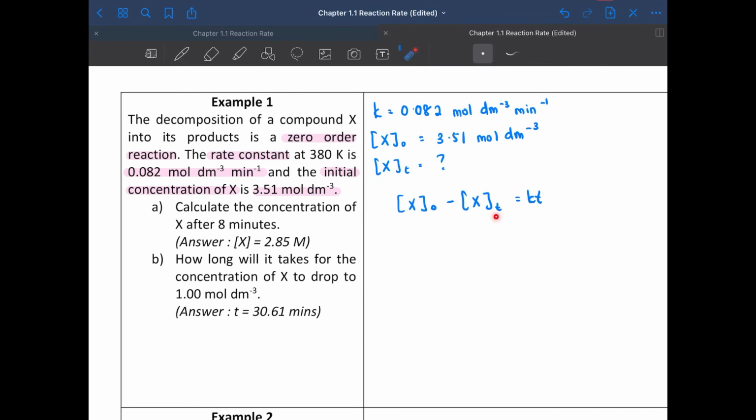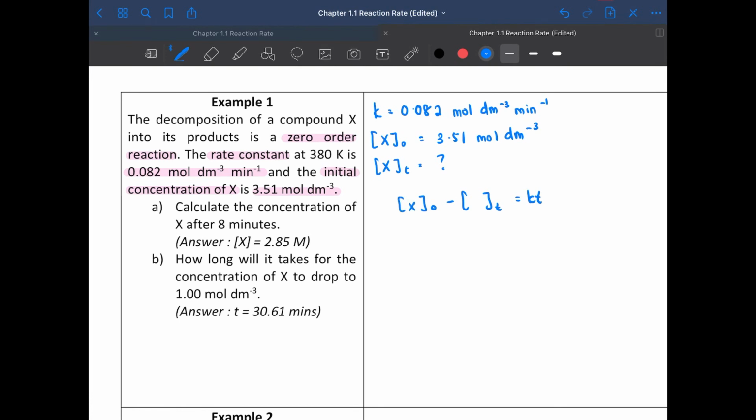If you look at this equation, it is the one where I taught using A. I used A because in my example A is the reactant, but in this question the reactant is X, so I need to substitute A with X. If you substitute your equation like this, then you will get marks for the formula. If you write it as A, it is also possible, but you need to add two more words: let A equal to X. It depends; if the reactant is simple like X, usually I will just substitute X into the equation.